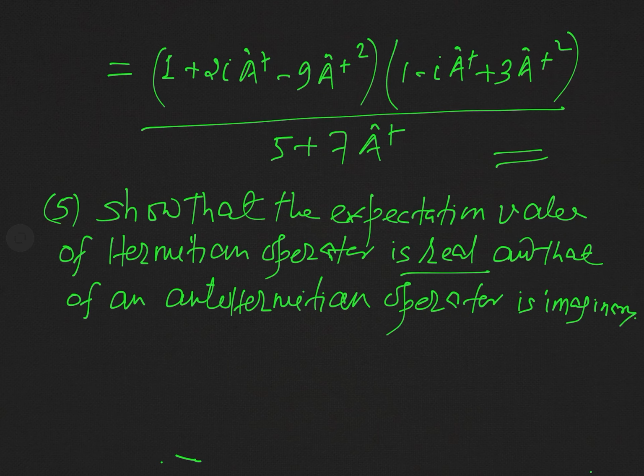We will solve this problem, but this is a very important fact, so we must remember it. We have to prove that the expectation value of a Hermitian operator is real and the expectation value of an anti-Hermitian operator is imaginary.